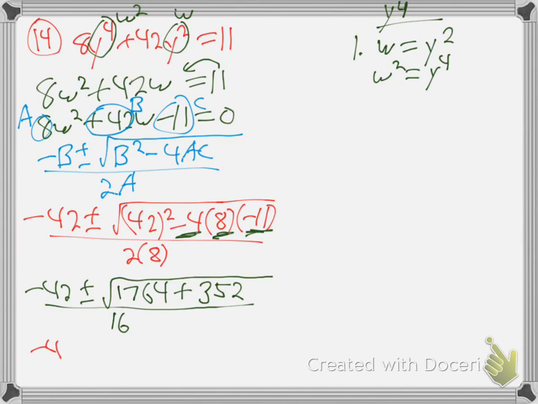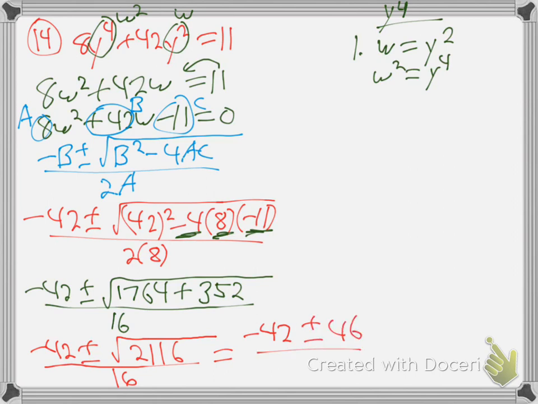So 352 plus 1764 is 2116 over 16. It turns out that if you take the square root of 2116, you get 46. Nice, clean 46.